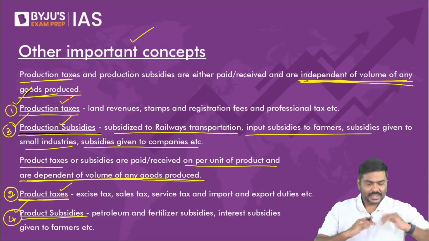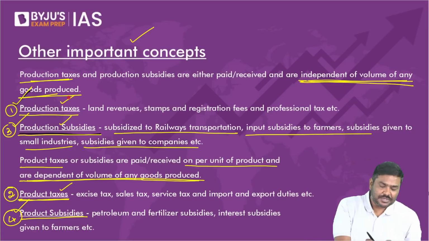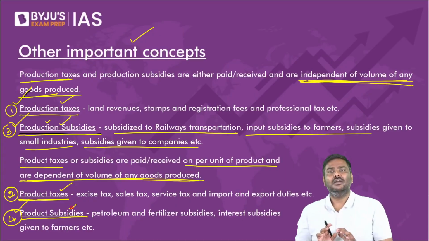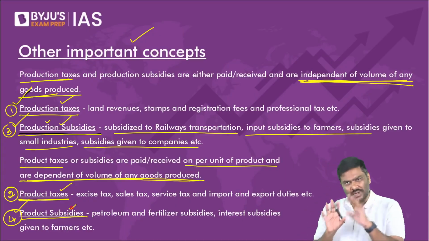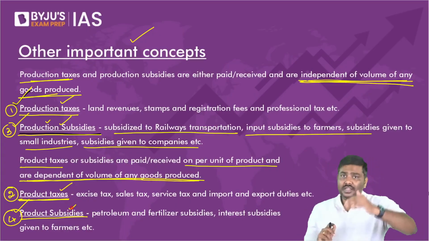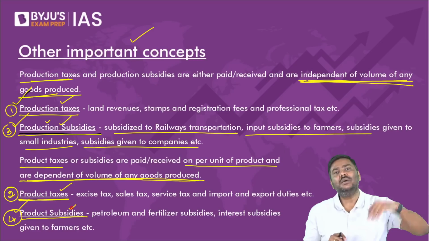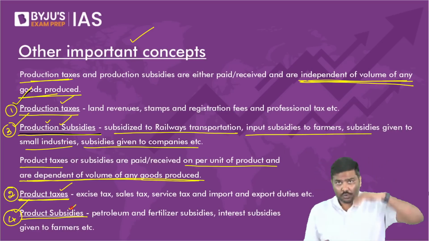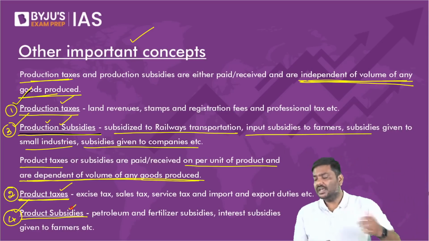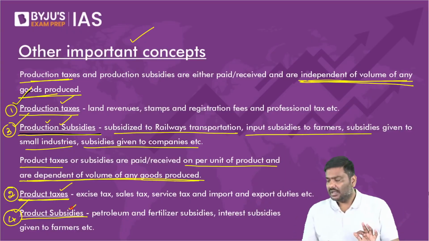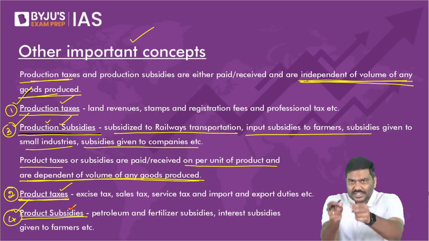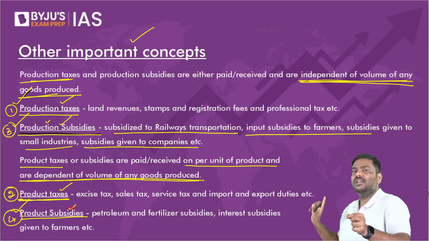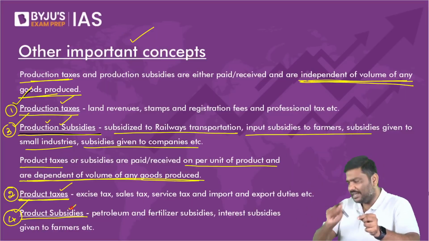Second, production subsidies and product subsidies apply the same logic. Do not change it; apply the same logic. The only difference is that taxes you pay to the government, while subsidies you receive from the government. Whenever you receive a subsidy dependent on the volume of production, we call it a product subsidy.